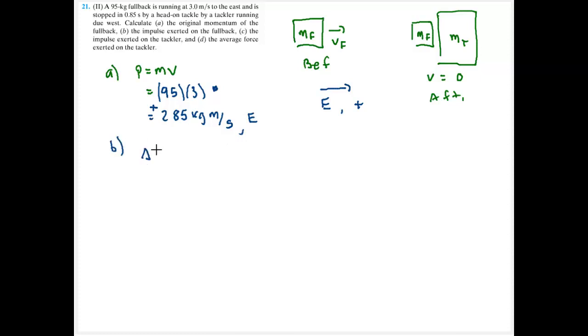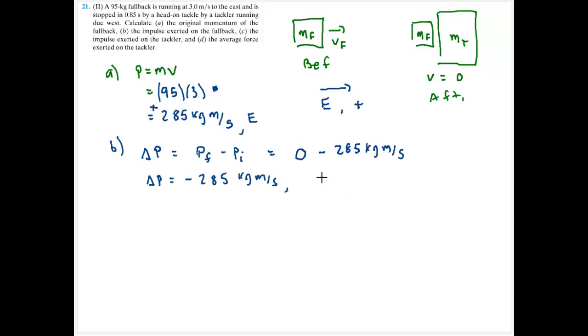For part B, I'm asked what the change in momentum is for this guy, and that's going to be the momentum final minus the momentum initial. The final momentum is going to be a big fat 0, and his initial momentum is going to be 285 kilograms meters per second. So the impulse acted on him is going to be negative 285 kilograms meters per second.